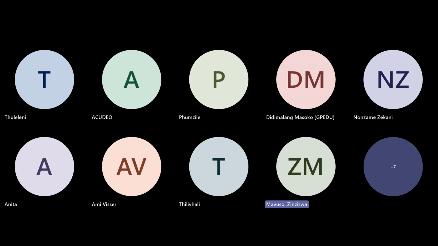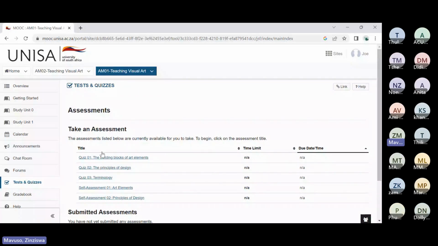So let me just share my screen again for a minute. So once you've gone through all of these quizzes and self-assessments, then you've completed the portfolio requirements for AM01, and then you can move on to AM02, and so on and so forth. Okay. Thank you so much.